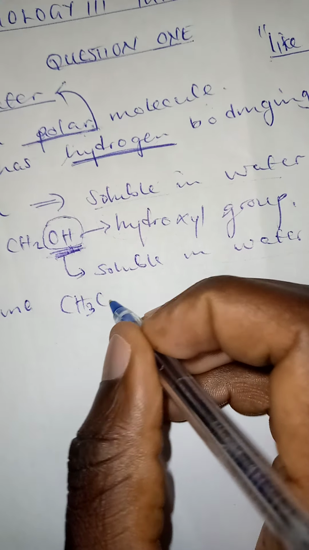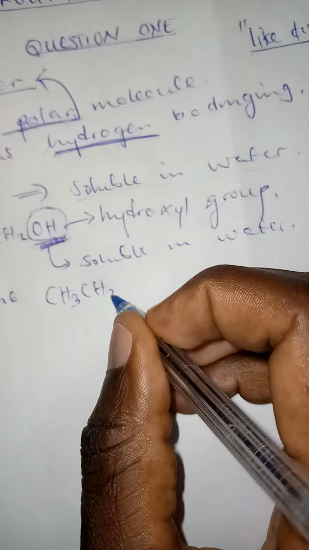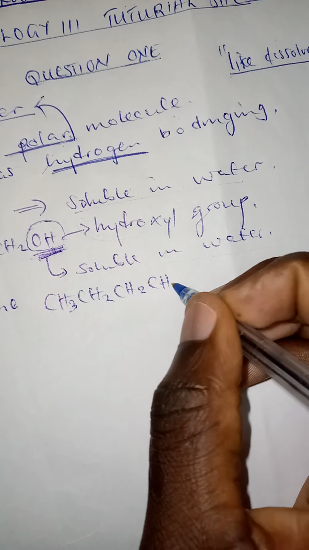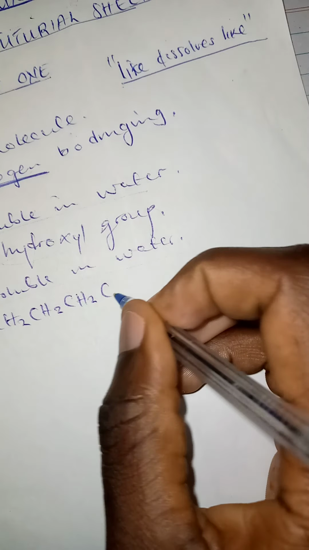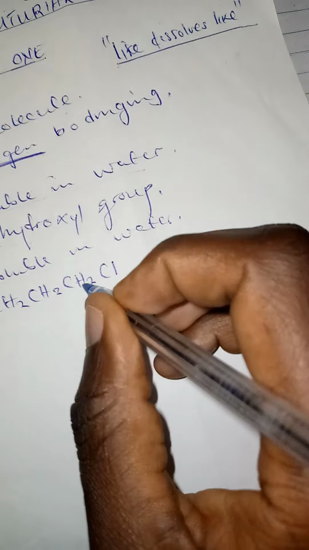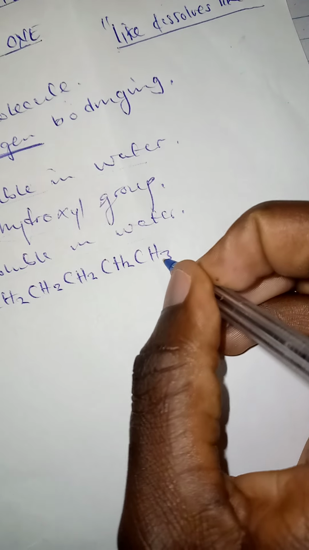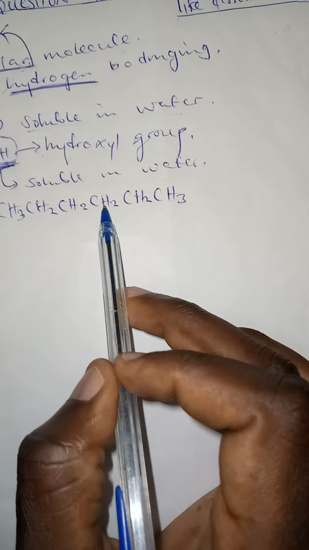Just write it like this. This is the general formula of hexane: 1, 2, 3, 4, 5, 6.